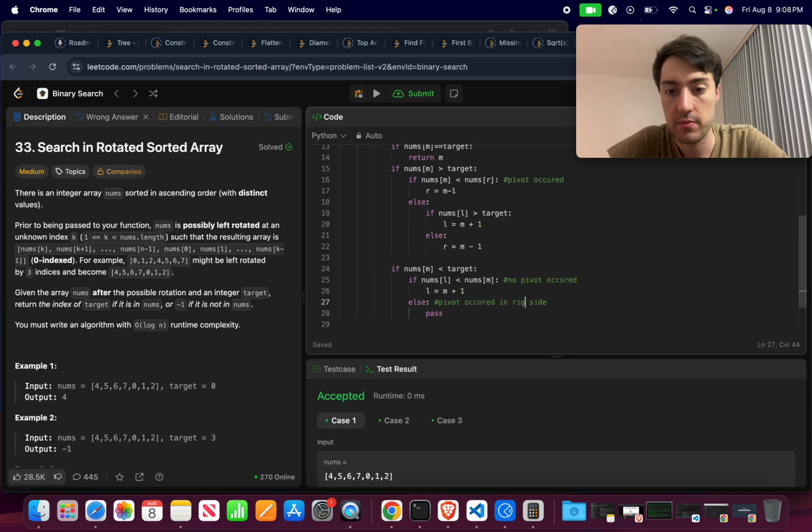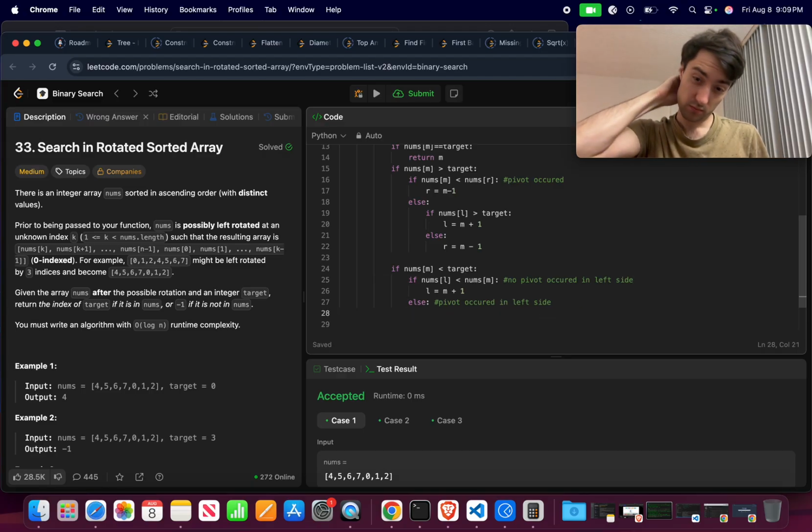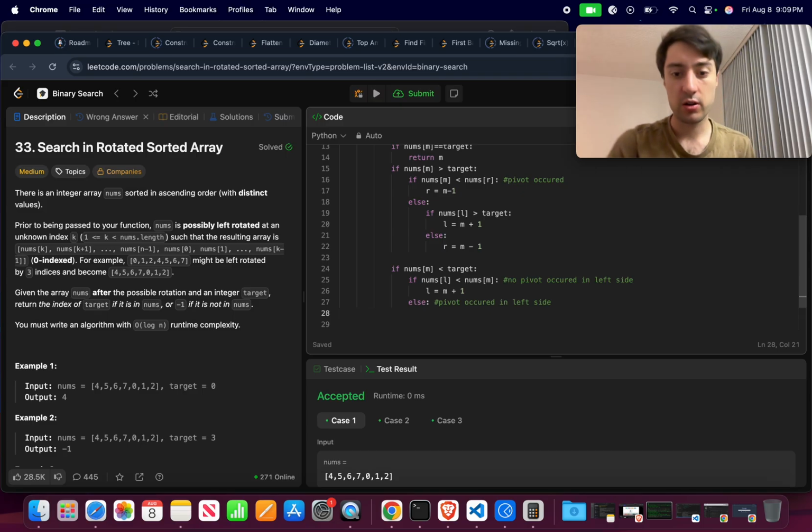In left side. No pivot occurred in left side, okay? Okay, so if the pivot did occur in the left side, I want to try to figure out, okay, well my midpoint is too small, okay? Who can I throw away?